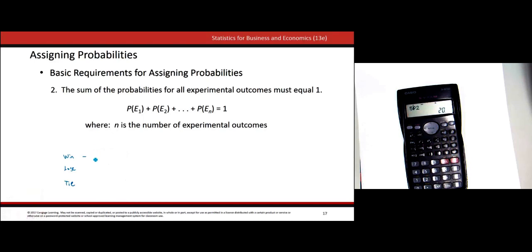So now, if this is 0.5, 0.3, so we only have 3 outcomes, win, lose, tie.